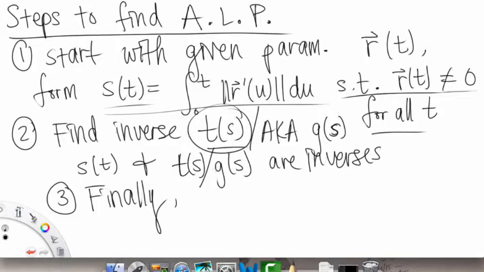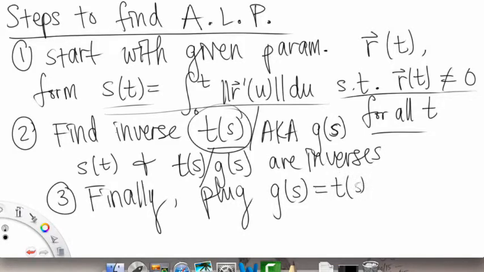So finally, we're going to plug g of s, whatever function we get, equals t of s, into r of t, our original parameterization.